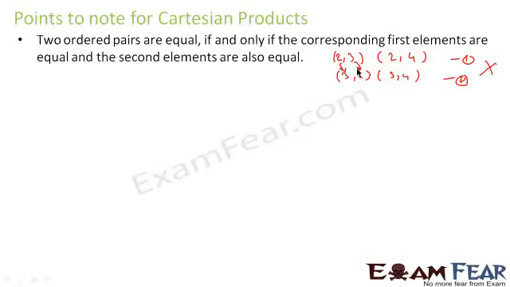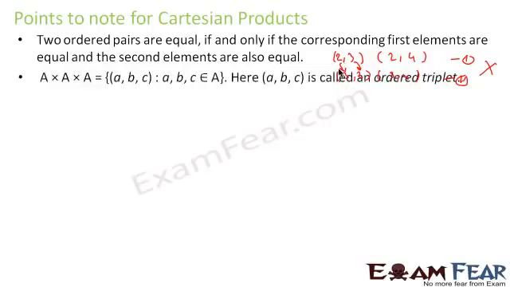That's how we compare when we are comparing the product. Remember, in a normal set, the order doesn't matter. But in case of an ordered Cartesian product, the order does matter. The first element should match the first element and the second element should match the second element.